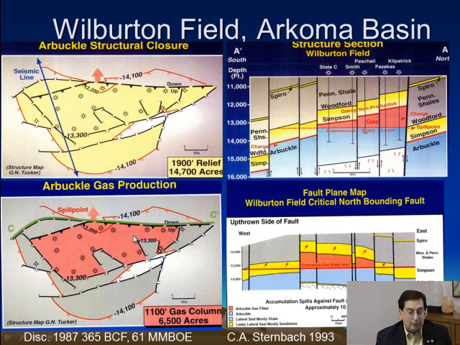However, when we look at the gas productive area, it's clear that only about 6,500 acres are gas productive within about 1,100 feet of column. So what happened between the 1,900 feet of structural closure and the 1,100 feet of gas column? There's about 800 feet less gas column than structural closure.